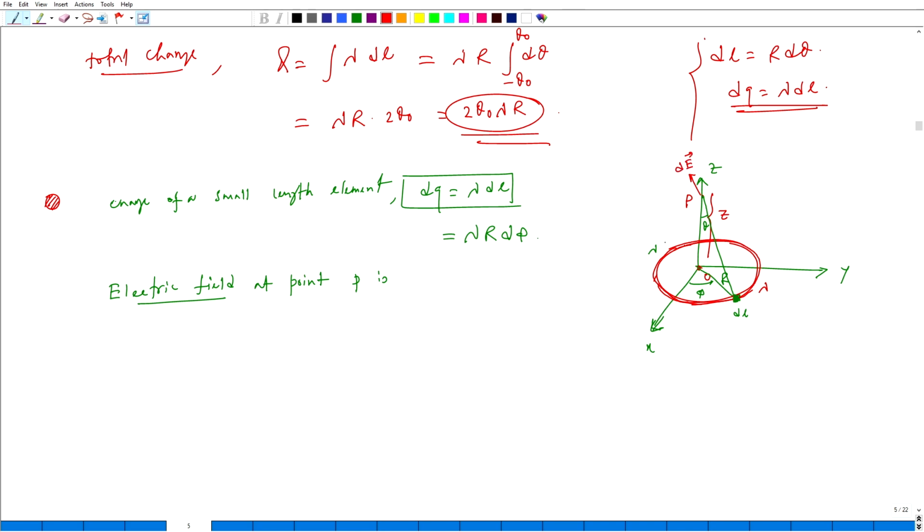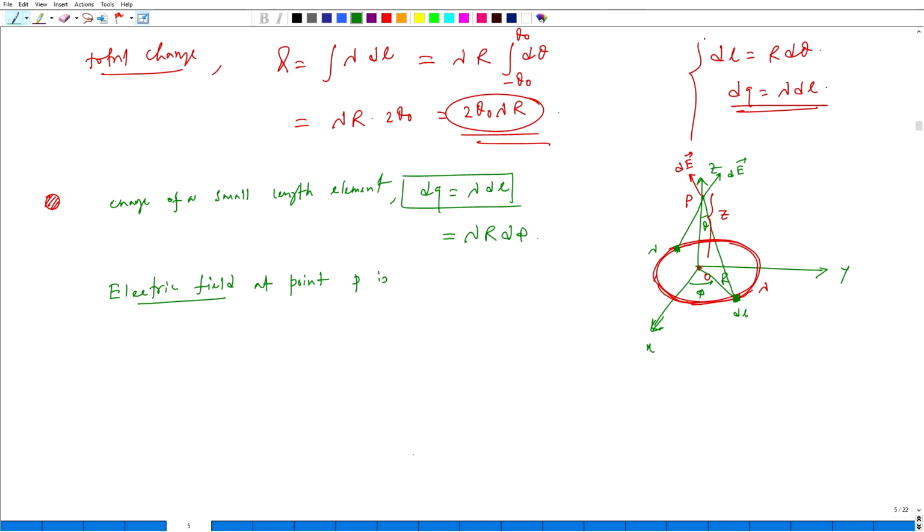We consider another strip just opposite to the first one, and due to this the electric field at point P is in the other direction. Again the x component and y component cancel. The remaining non-zero value is the z component, and the projection is cos theta.